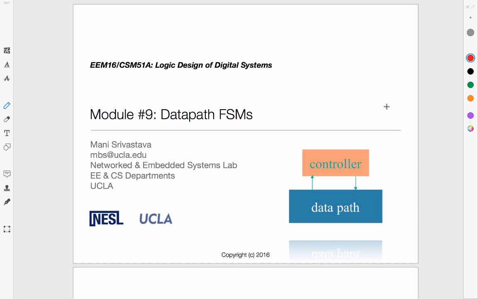So the plan is the following: if you recall, the fourth design assignment is the optional design assignment, and the way it works is if you choose to do it, then you get graded on it. If you choose not to do it, then whatever is the weight for the fourth design assignment essentially gets added to that of the final exam. So your final carries more weight. So the plan is the following.